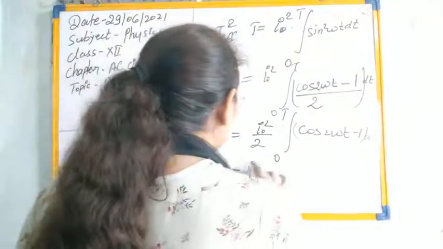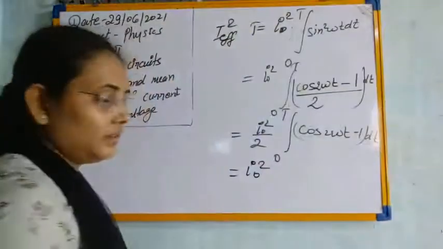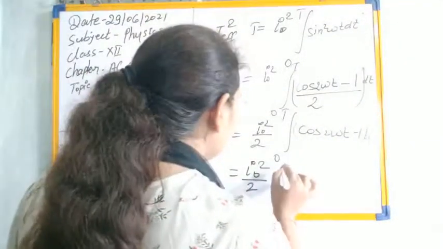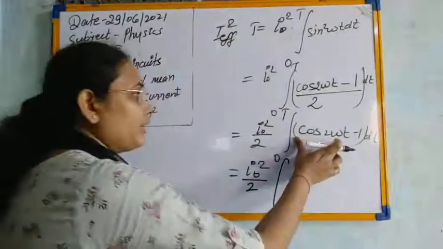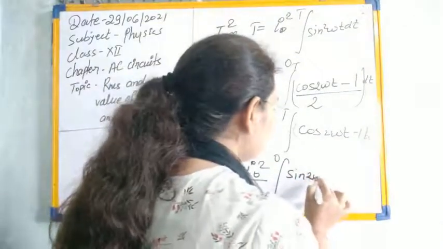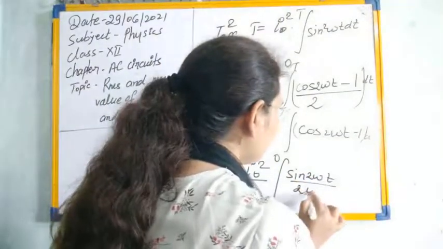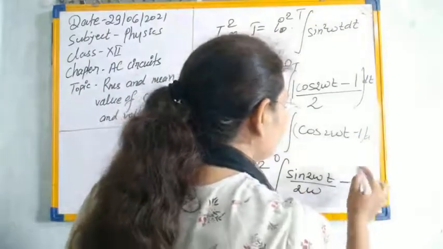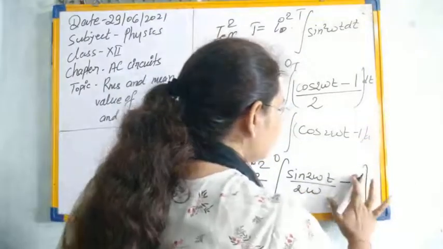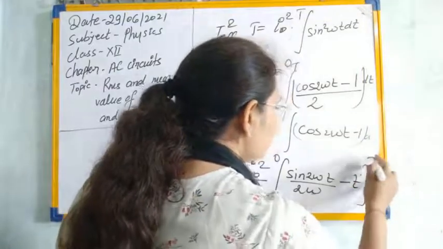This will be equal to I0 square upon 2 times sin 2 omega t upon 2 omega, minus t, since if you integrate 1 it equals t. This is small t, so the limits are 0 to t.